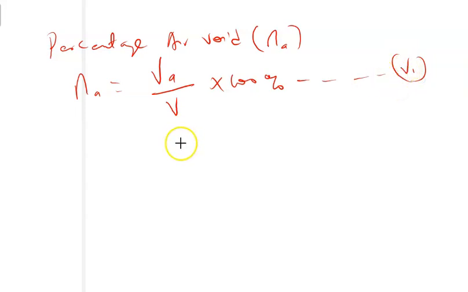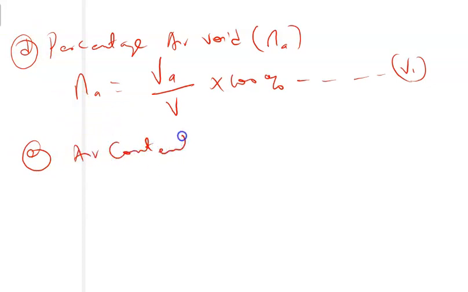The next thing we look at is the air contents. Air content is given by AC and is defined as the ratio of the volume of air to the volume of voids.